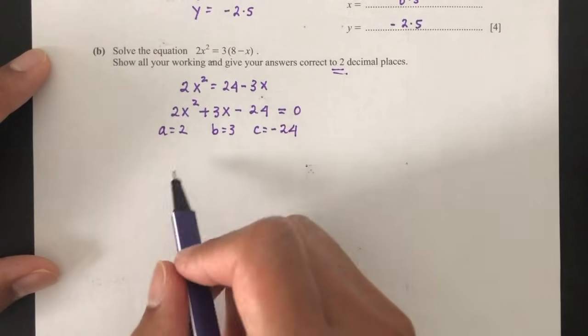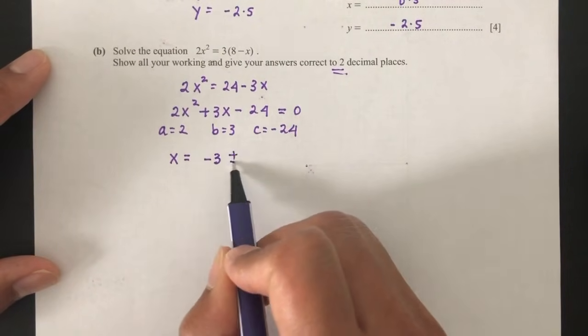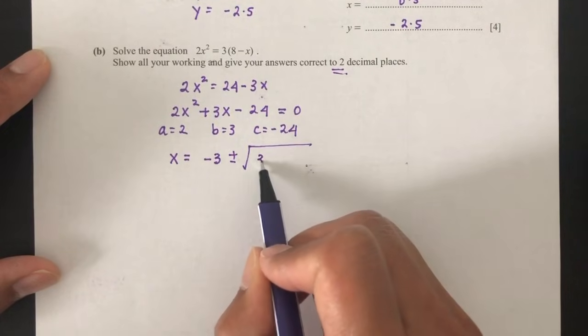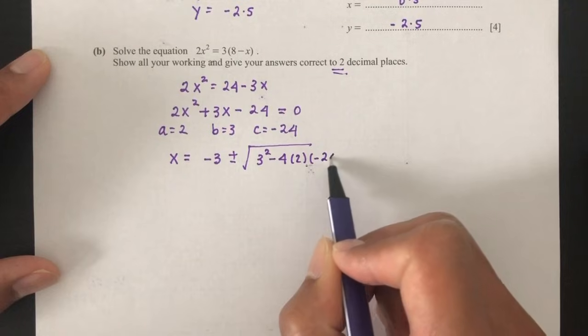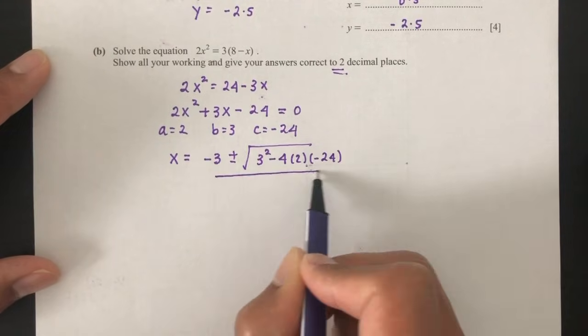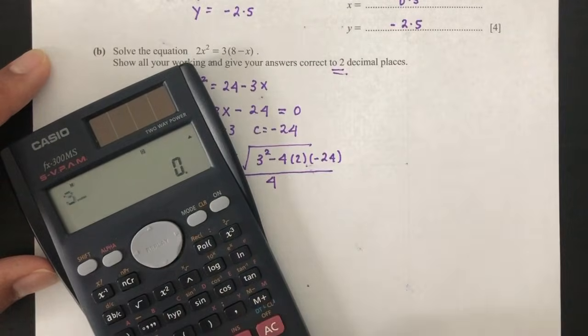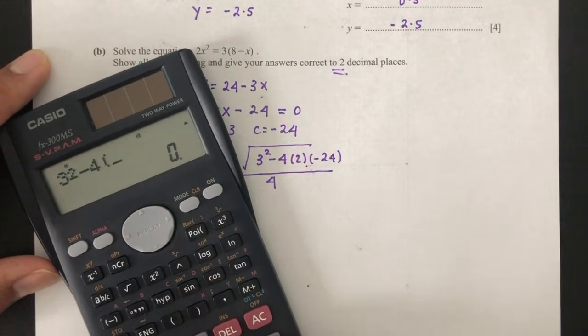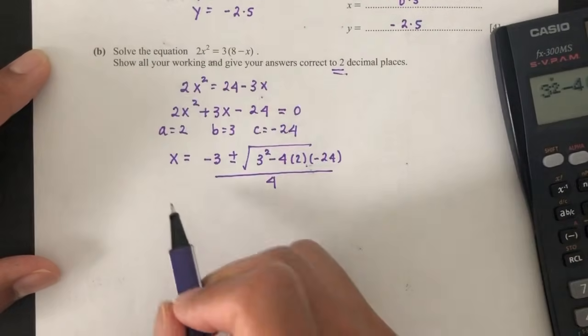So now we have to use the formula. So x equal to minus b, which is minus 3, plus minus square root of b squared minus 4 times a times c, divided by 2a, which is 4. Now let's simplify this. 3 squared minus 4ac, that will be 201.